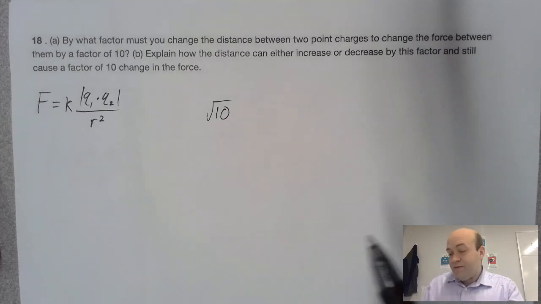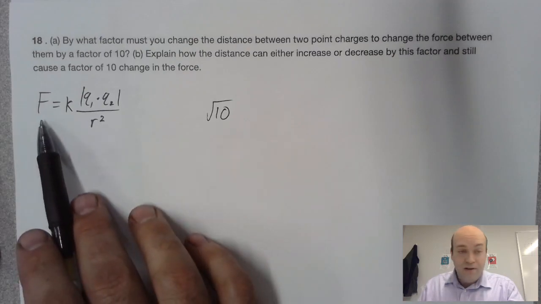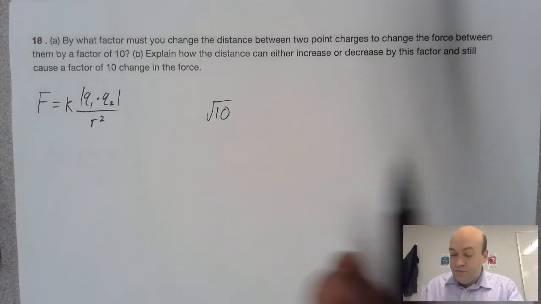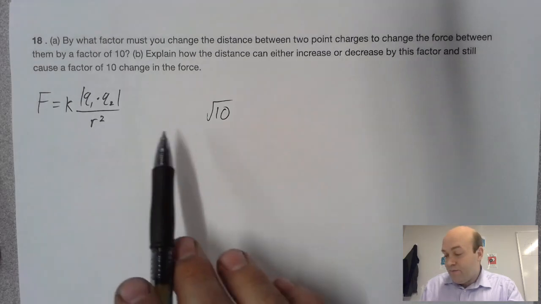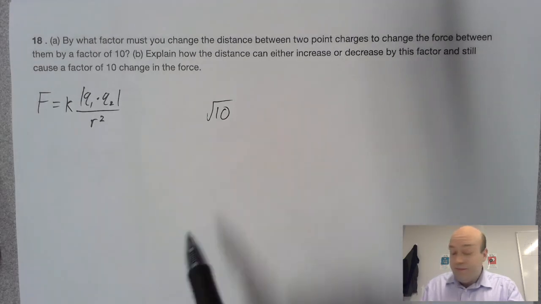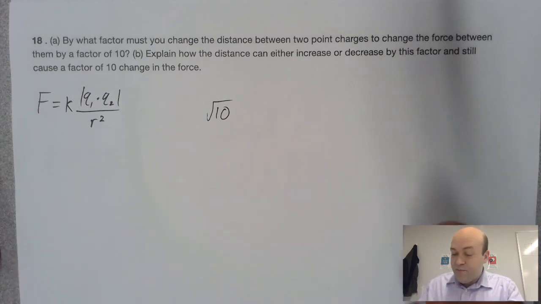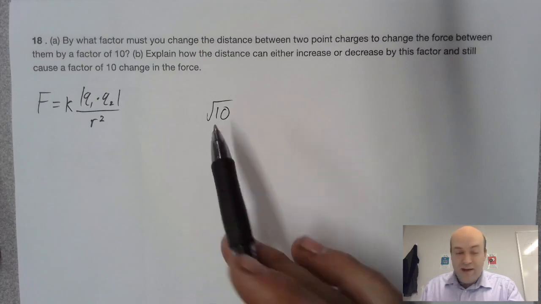If I want the force to be greater, I need to bring the two point charges closer together. So I would take the distance between them and divide by the square root of 10. If I wanted that force to be an order of magnitude weaker, I would have to separate them and I would take the distance times the square root of 10.